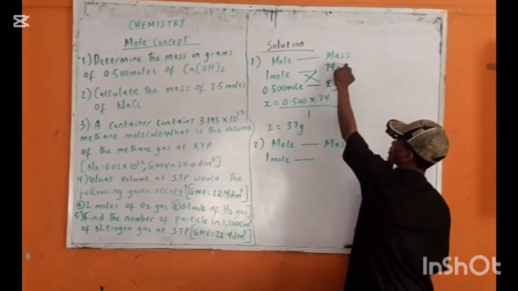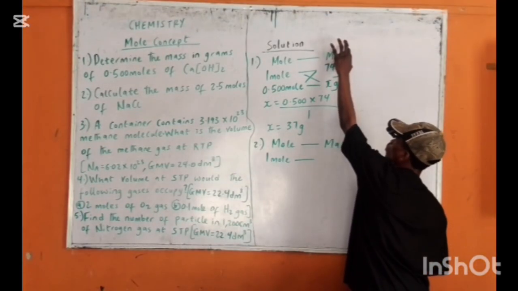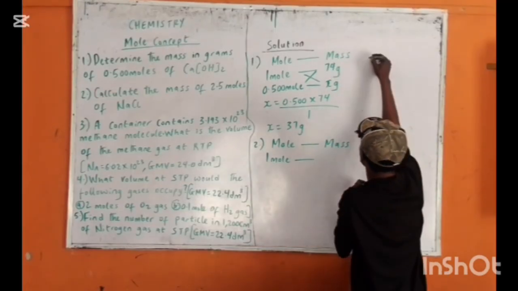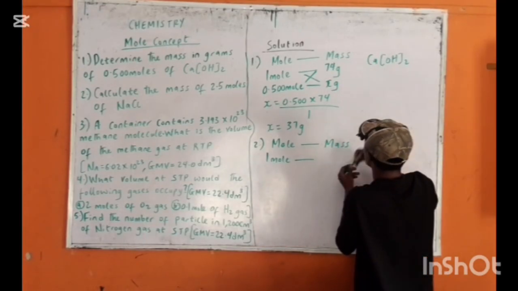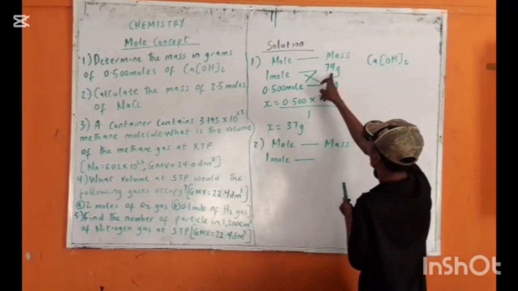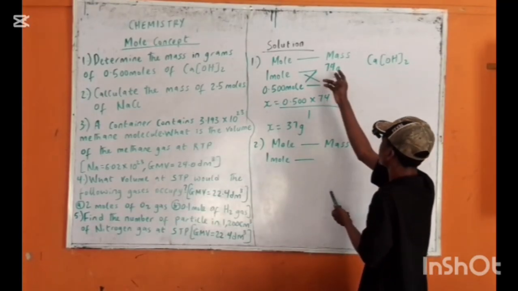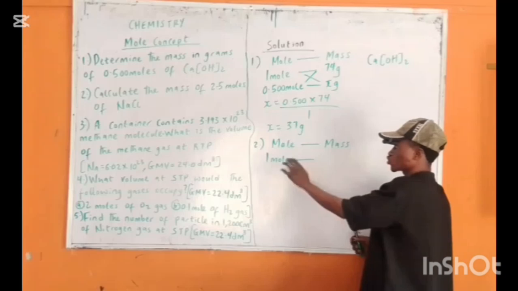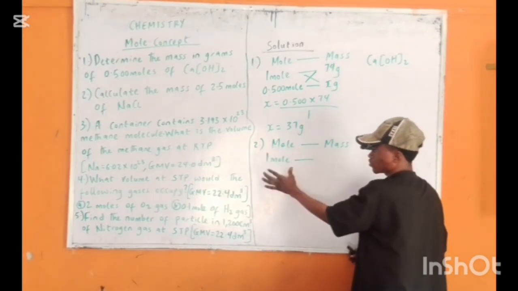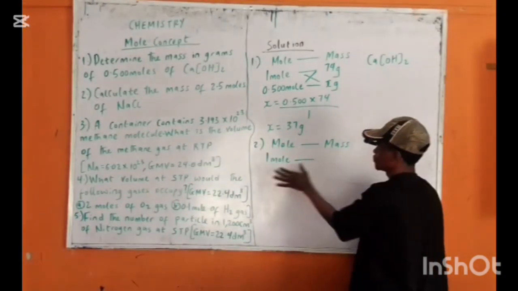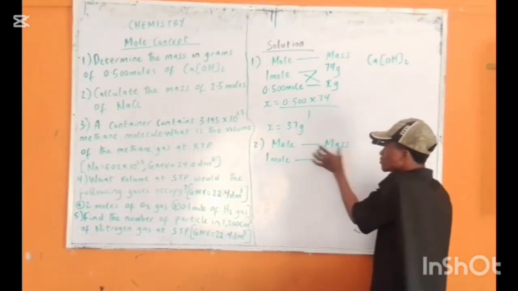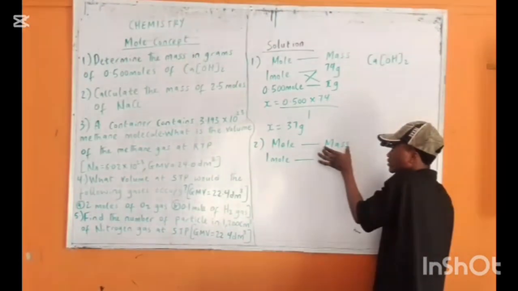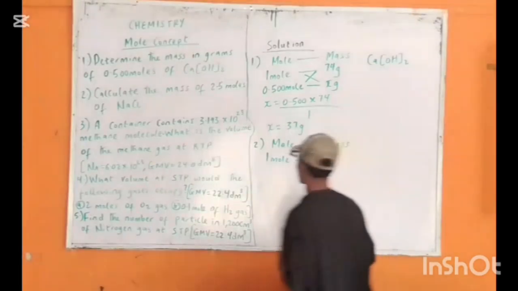But when it comes to mass, 1 mole of calcium hydroxide in mass is 74 gram. The same way, I have mole here, so I just write my 1 mole. And my mass now, 1 mole of sodium chloride in mass will be what?